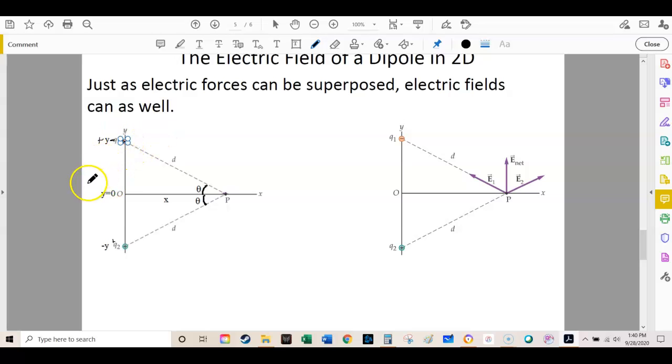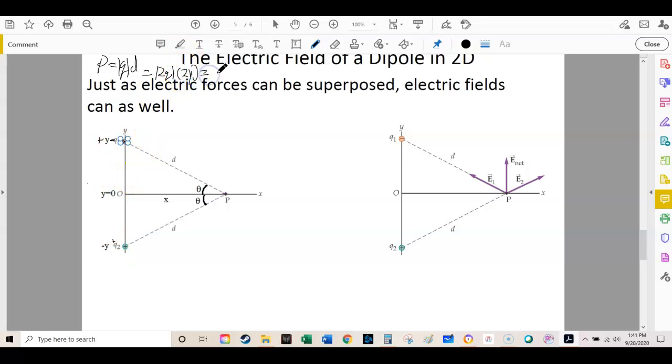Their separation distance, with the dipole moment being q times d, right? So we have two of these q's, and we want the magnitude here. So it would be 2 q's, and each q is 1.6 times 10 to the negative 19th, and they're a distance 2 y's apart.